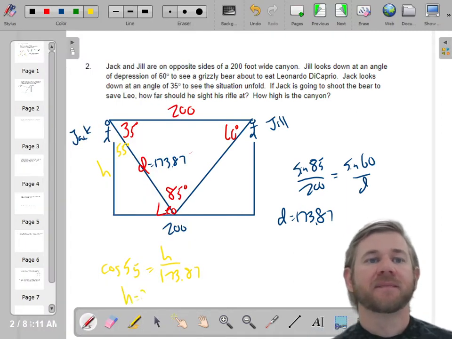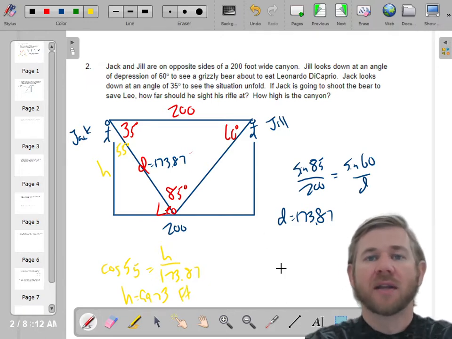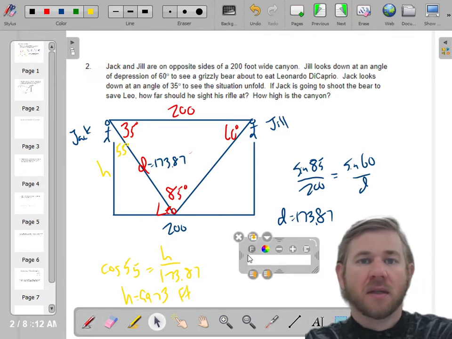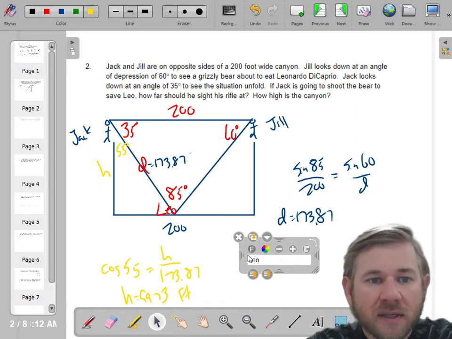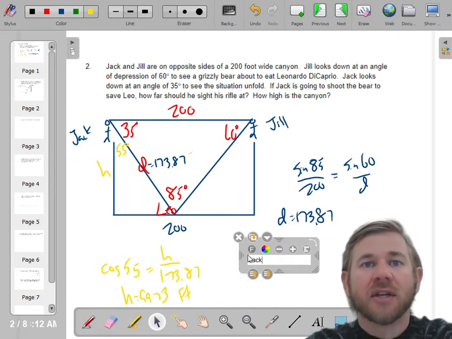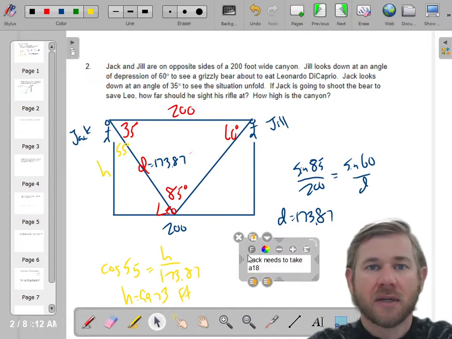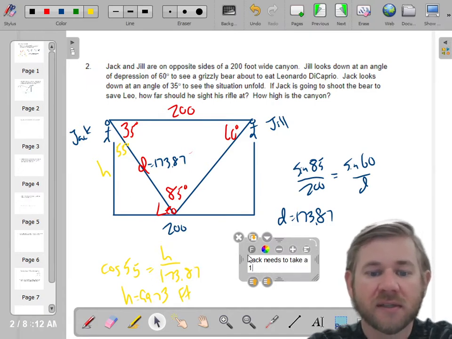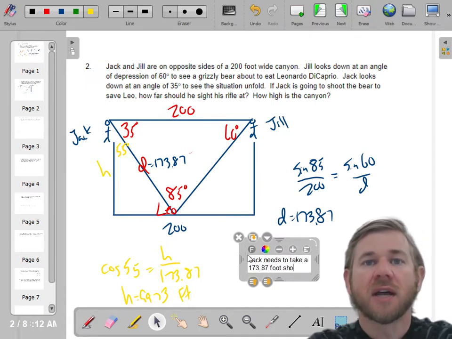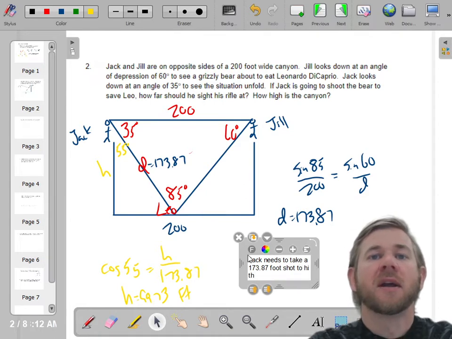So let's write that out. 99.73. It's a word problem again. So let's make sure we write it as a word answer. Leo. Wait, no, Leo's not taking the shot. Is it? Jack. Jack needs to take a 173.87 foot shot to hit the bear.